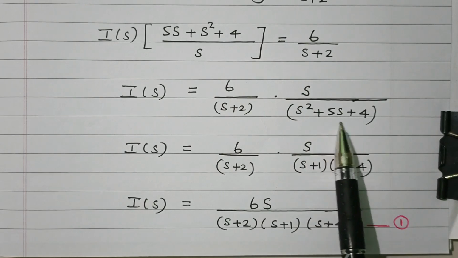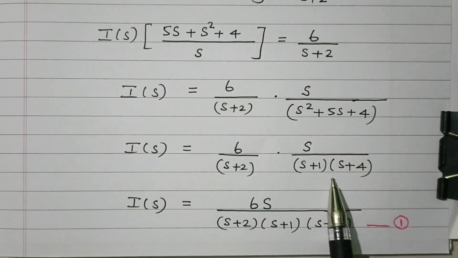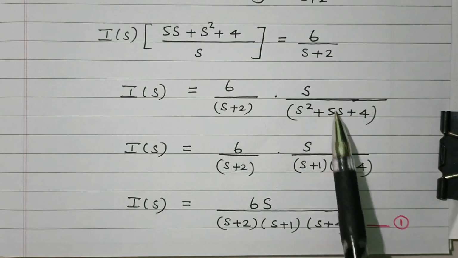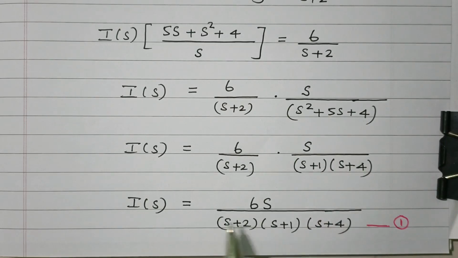It is a very simple quadratic equation, so it is easily split. If it is not, we have to use the formula minus b plus or minus square root of b square minus 4ac divided by 2a. So finally we got I of s equal to 6s divided by s plus 2, s plus 1, s plus 4. We'll call this equation number 1.